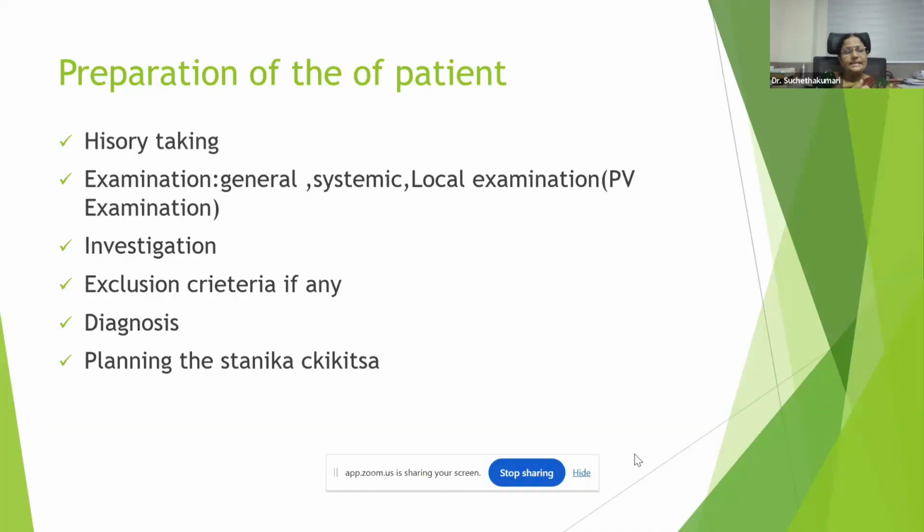Once the history is taken, then the general examination, systemic examination, and the local examination of the patient have to be done. And after the examination, we have to go for the required investigations and exclusion criteria, if any. So this is for the Sthanika Chikitsa.